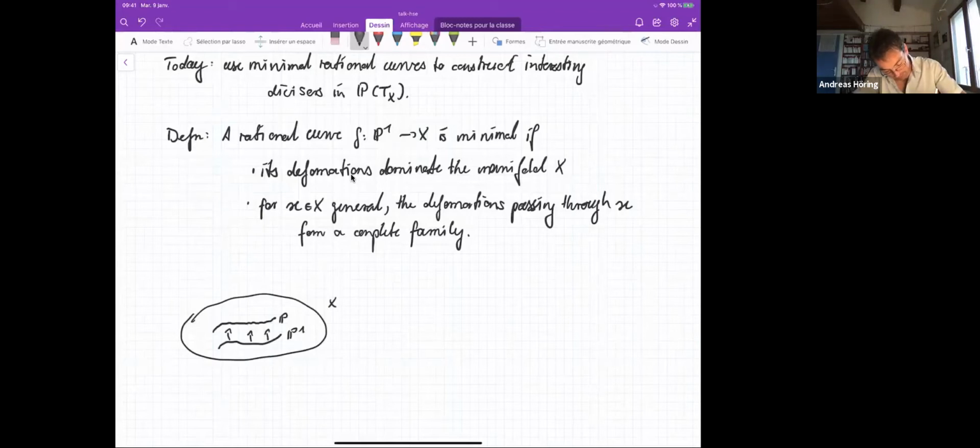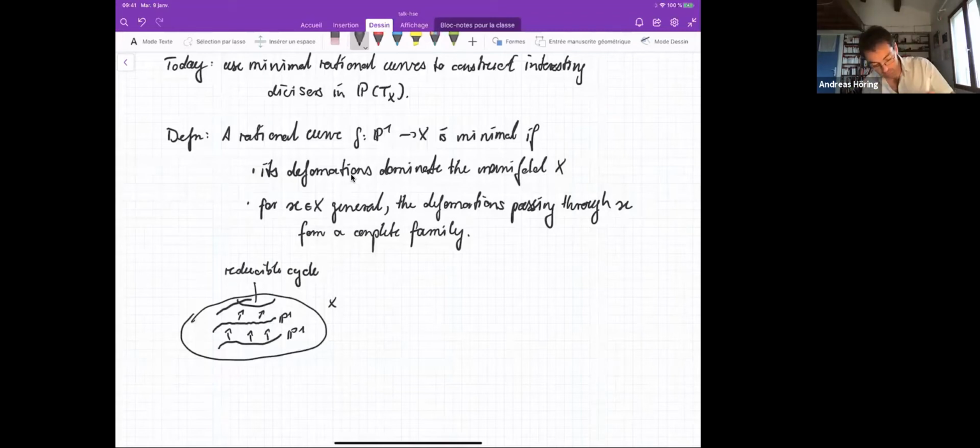This is allowed. You might eventually degenerate to some reducible cycle of rational curves. But on an open set you will have this family of rational curves, and in the closure you get these chains. So that's the first condition: the deformations of the rational curve dominate the manifold.